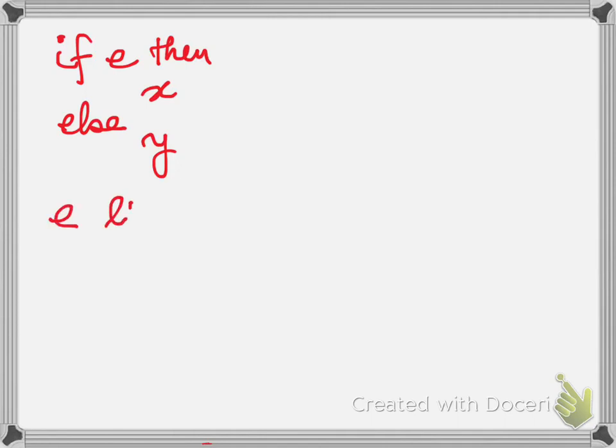So if E then X else Y. If I have to write it in postfix notation using labels and jump, I will write it like this: E, L1, jump if equal to 0, X, L2, jump.